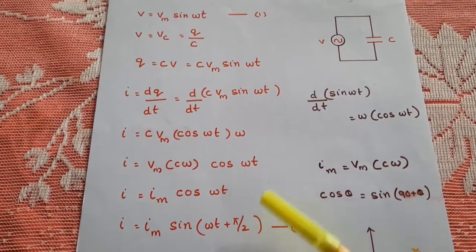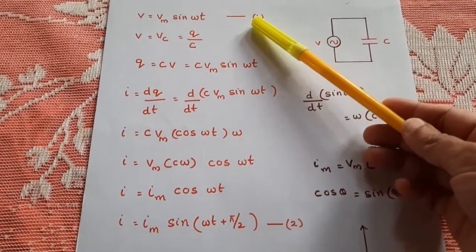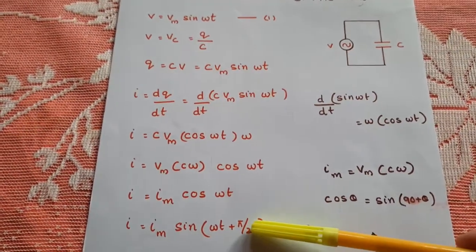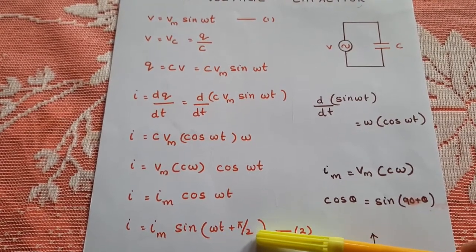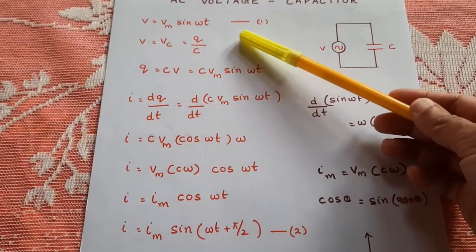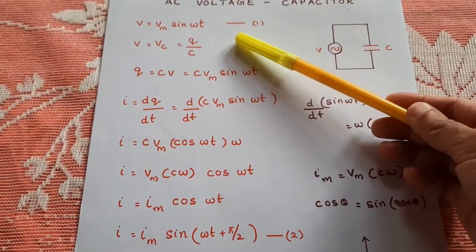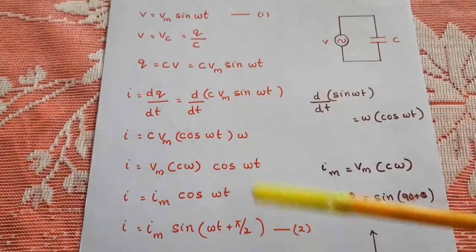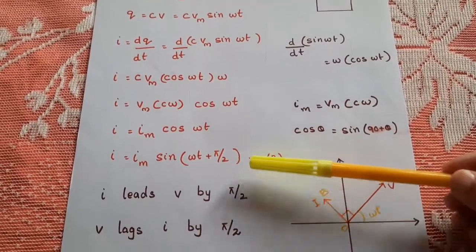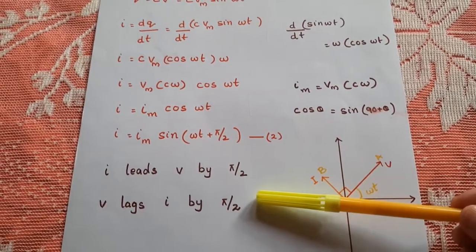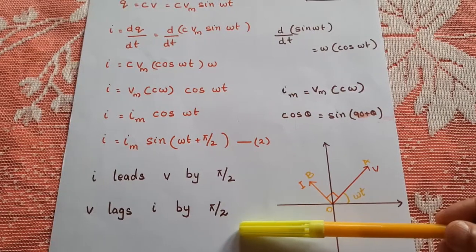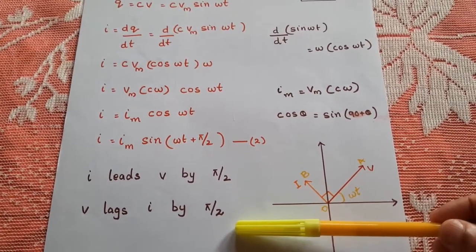Comparing this equation with the equation of the voltage, the phase value of the current is omega t plus pi by 2, while the phase value of the voltage is omega t. So we can conclude current leads the voltage by pi by 2, or voltage lags the current by pi by 2 in phase.